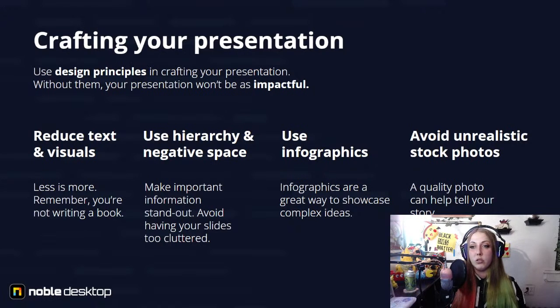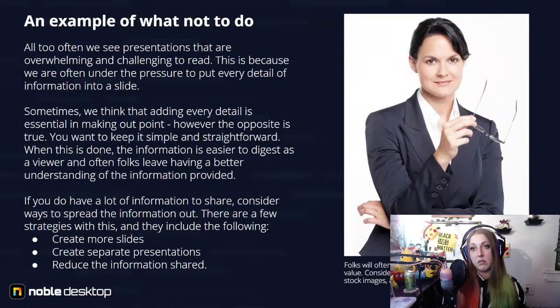When you are reducing the text and visuals, something that you can consider doing is creating multiple slides. Okay. So if there is a slide that looks like this, then this easily could be bare minimum 3 different slides. Okay. If I was to share all of the same information, this should be bare minimum 3 different slides.